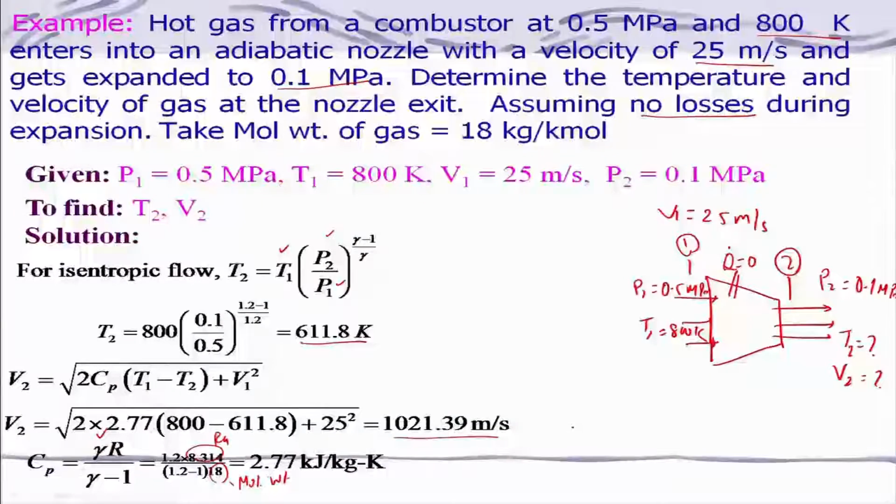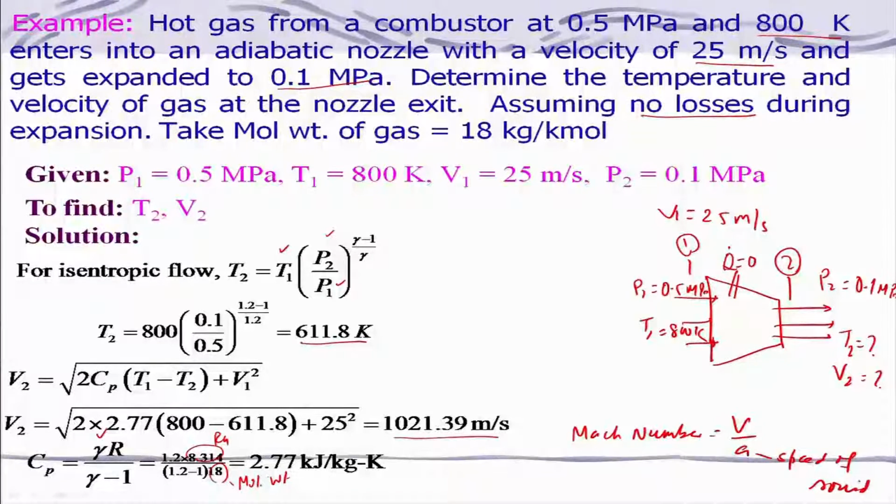Now, how will we know whether it is a compressible fluid or not? For that you need to go for the compressibility factor, from that you can find out the speed of sound, and then you will have to find out the Mach number. Mach number is equal to V by A, where A is the speed of sound.